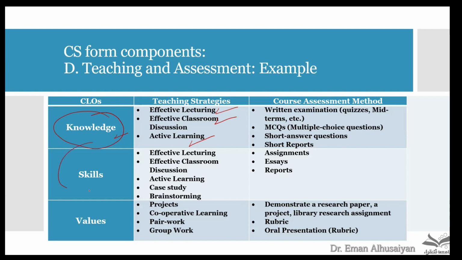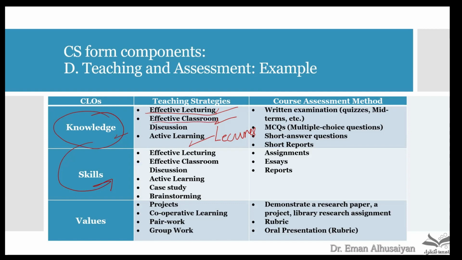It's not as easy as it is. So you can use either effective, and please avoid the word lectures. It's actually effective lecturing. Effective lecturing includes brainstorming, includes asking questions, smart questions. It includes catchy introductions. So it should be effective lecturing, not only lectures.